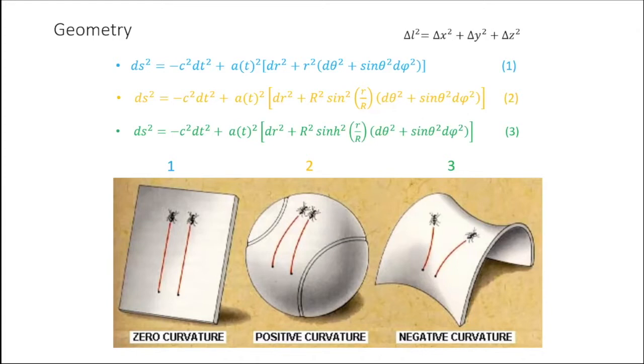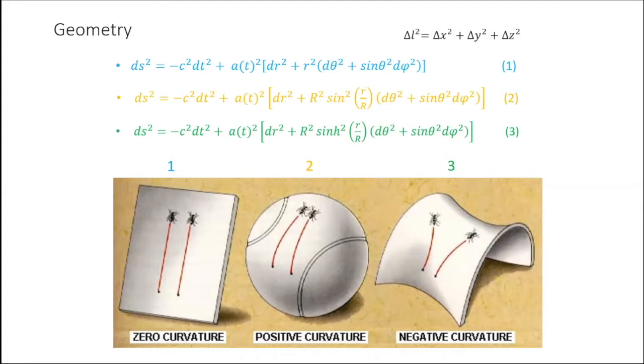So these three geometries are the generic geometries that Robertson and Walker are talking about, which could accommodate the cosmological principle that we saw before. In addition to these three generic geometries, each of them should remain with the same value of curvature while the universe is changing its size.